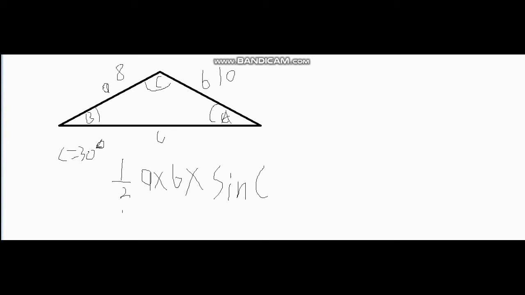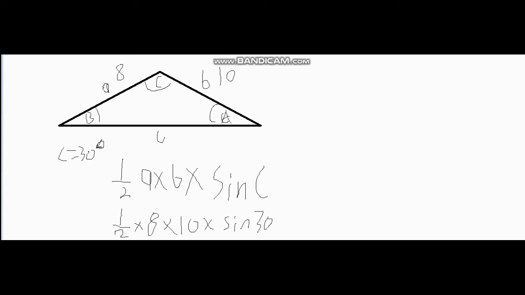Then we'd write this as half times 8 times 10 times the sine of 30, which we know already to be a half, so we can now simplify this.